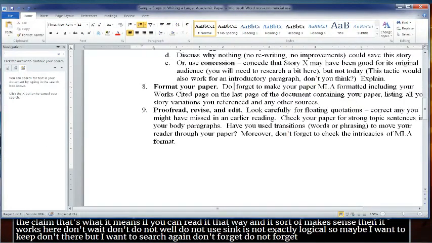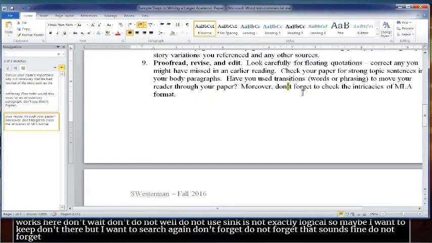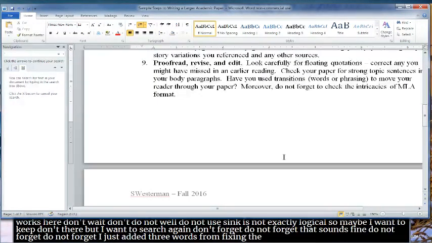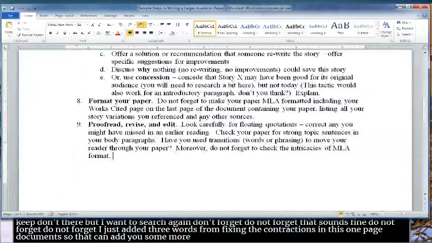Well, that sounds fine. Do not forget. And I just added 3 words from fixing the contractions in this 1-page document. So that can add you some more words to your paper.